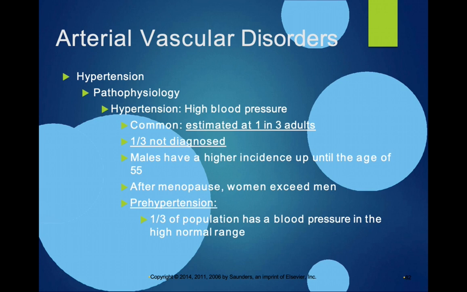With pre-hypertension, 1/3 of the population have a blood pressure in the high normal range. Anything over 120/80 is pre-hypertension. Normal blood pressure should be under 120/80. Okay, 140/90, that's hypertension.